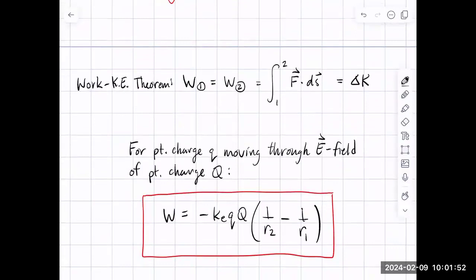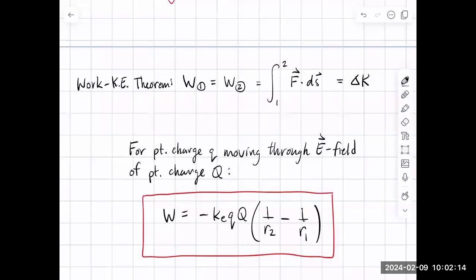If your force is not constant and there's some kind of angle between your force and your displacement, then we had a more rigorous way of doing that calculation. It was this integral of F dot ds. And the work kinetic energy theorem says that the work that you calculate is equal to the change in kinetic energy.